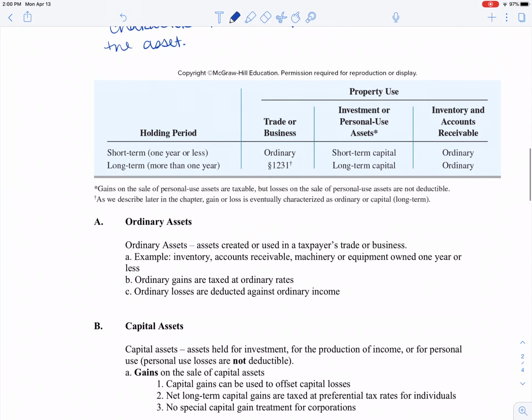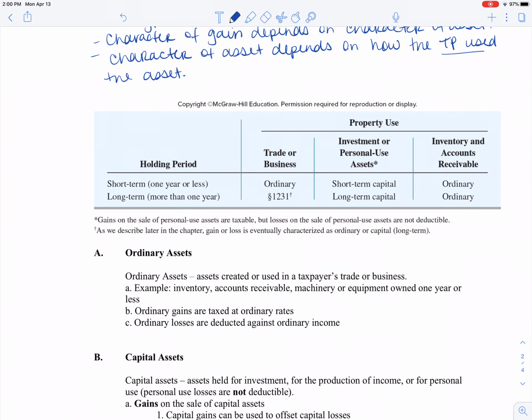This table is from your textbook, and it's a really helpful table to understand how we think about these assets. So property use, how is the taxpayer using the asset? Assets that are used in a trade or business, if they're held for 1 year or less, are considered ordinary. If they're held for more than 1 year, they're considered Section 1231 assets that we'll talk more about later.